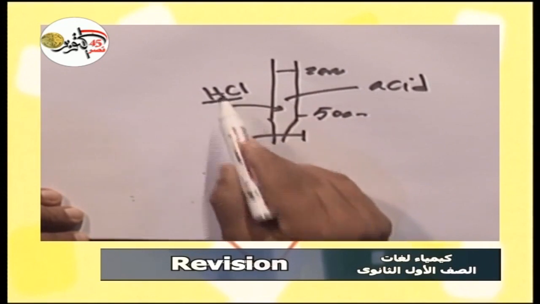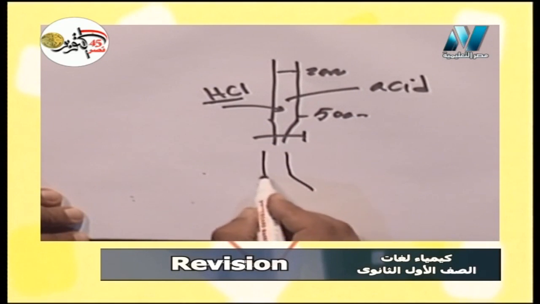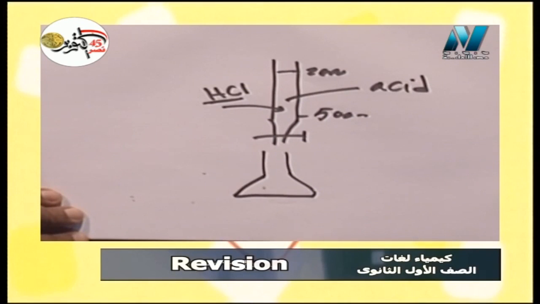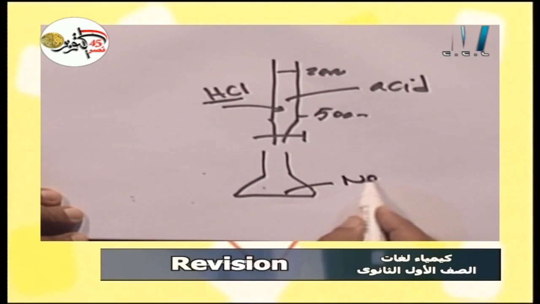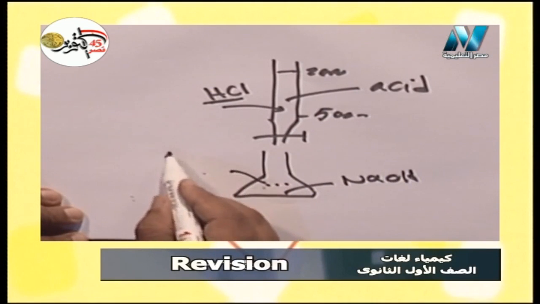We know its concentration. And we put in a conical flask, this is the conical flask, the alkali, NaOH. And we use some indicator.